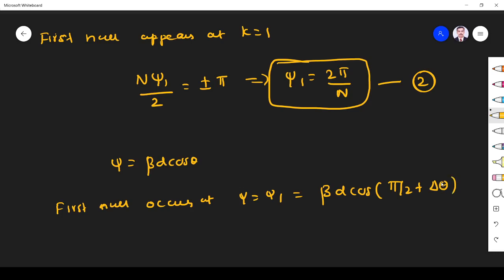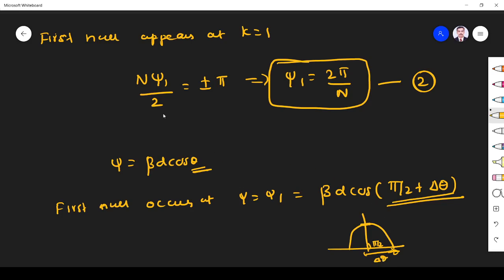Why do I write like this? When theta is equal to pi by 2, maximum radiation occurs. For example, this is theta equal to pi by 2, this location, as we have just studied. So the null may occur somewhat away from pi by 2. That distance is del theta, let us assume.